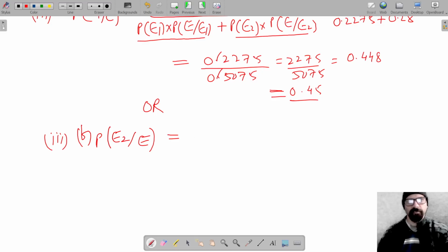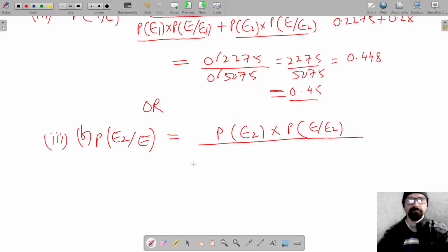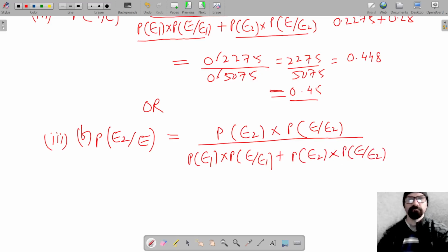Probability of E2 by E is probability of E2 into probability of E by E2, upon probability of E1 into probability of E by E1 plus probability of E2 into probability of E by E2.